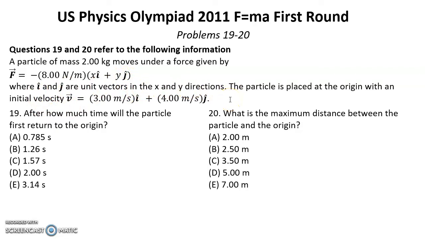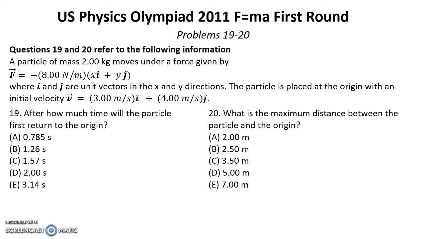The particle is placed at the origin with an initial velocity v equal 3 meters per second in the i direction and 4 meters per second in the j direction. Question 19. After how much time will the particle first return to the origin? And question 20. What is the maximum distance between the particle and the origin?